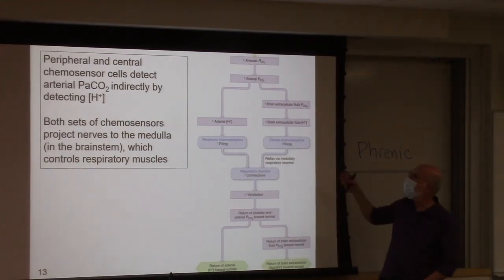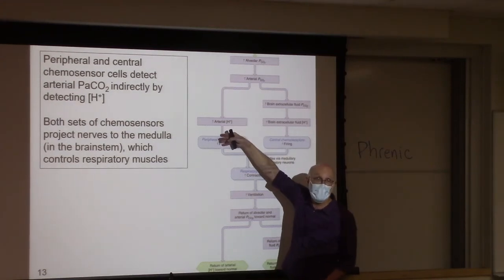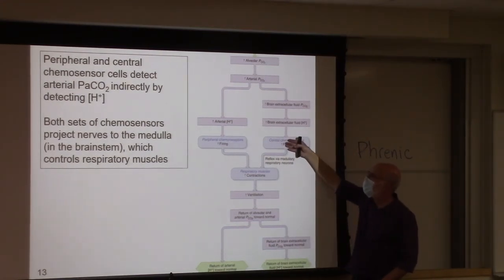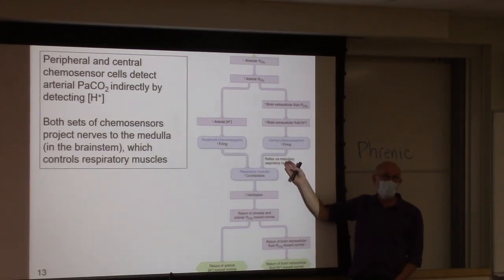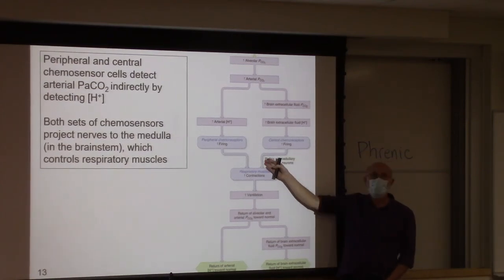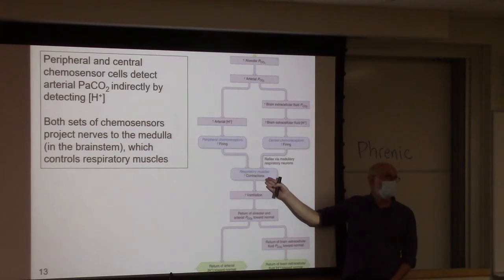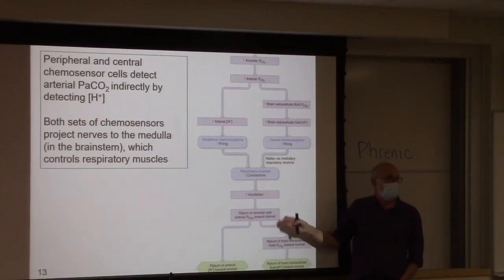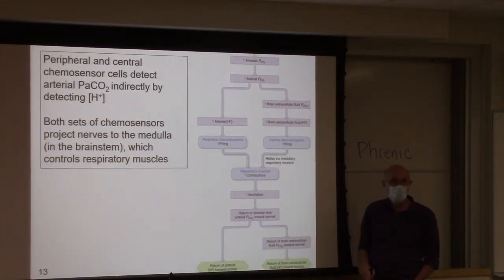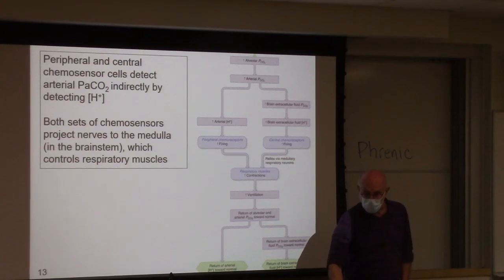The point is you have peripheral chemosensors that detect it, central chemosensors that reflect it. The medulla integrates that information. The phrenic nerve tells the diaphragm and other cells to work harder to increase ventilation. So that's the story of control.